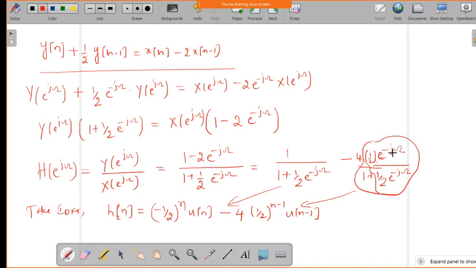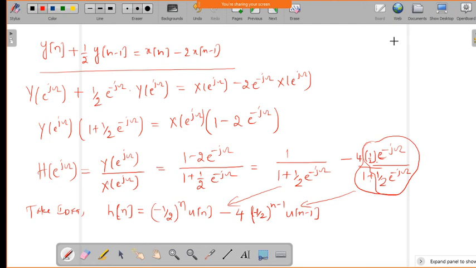Since it is nothing but alpha by 1 minus alpha, in the similar way it is there. So here it is minus half power n minus 1. Since here it is plus, we will get like this.